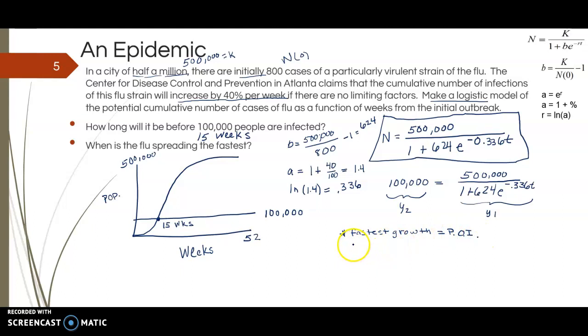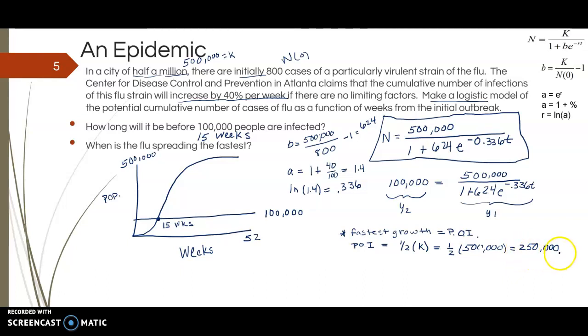We also know from the discussion we've had about logistic that the point of inflection equals 1/2 of the maximum, which is k. So if I take 1/2 of the maximum, 500,000 people in the city, I end up with 250,000.